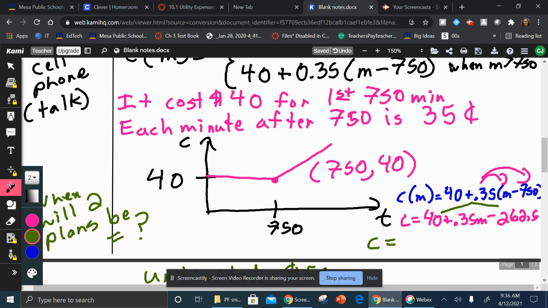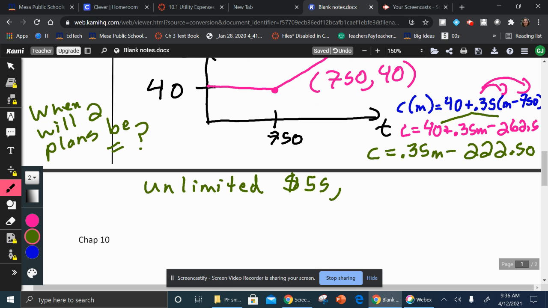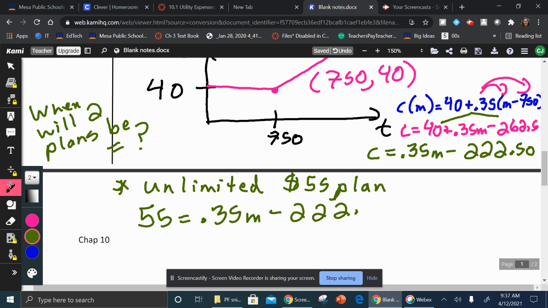So our cost is going to be equal to 35 cents per minute minus $222.50. Okay, now everybody, I'm going to set those two equal. So this is the unlimited plan. So I'm going to set those two equal to each other and solve for the number of minutes.